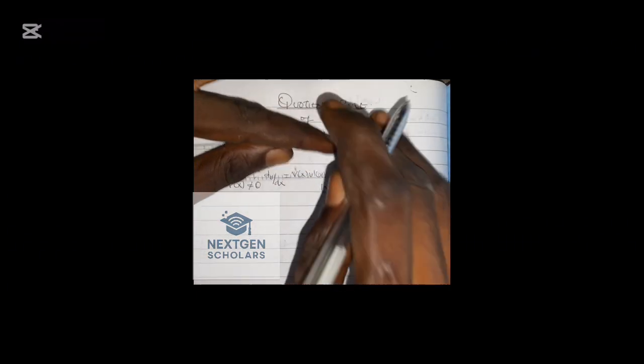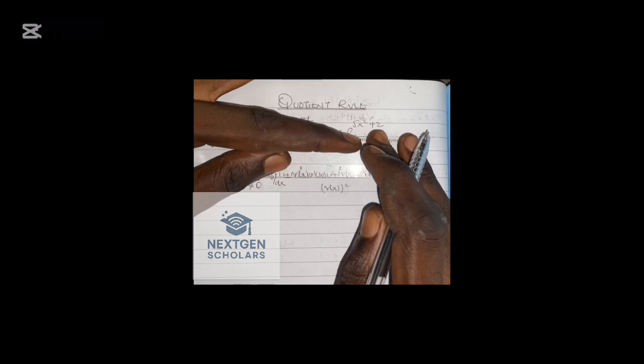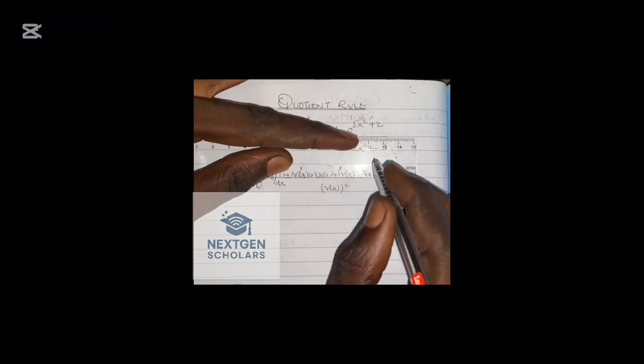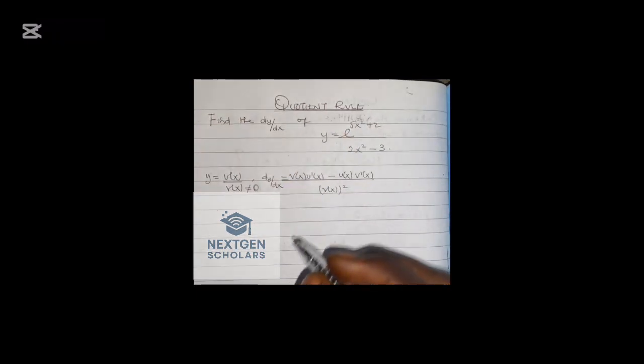So if we can pick our u of x and our v of x, then we can safely compute the formula.